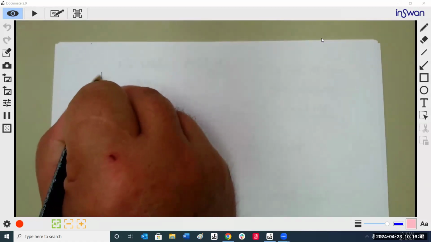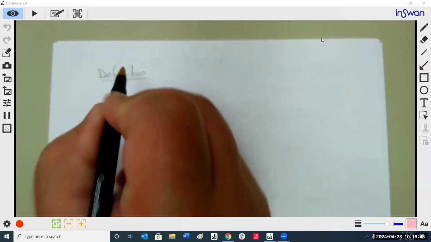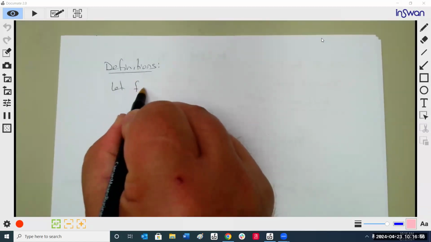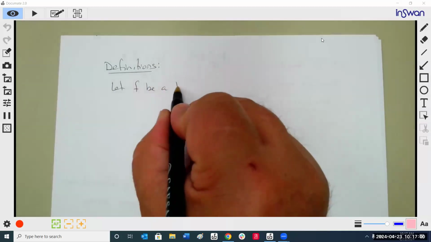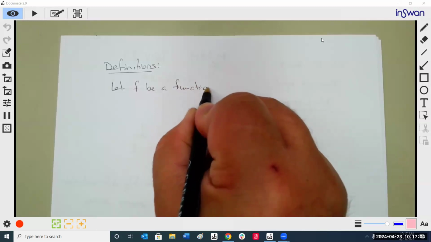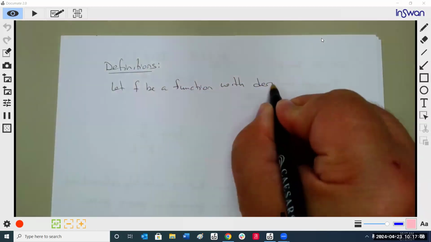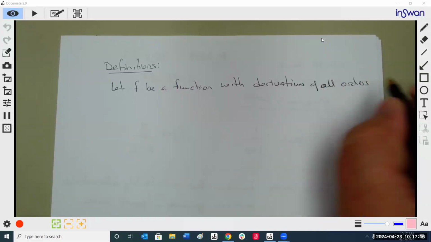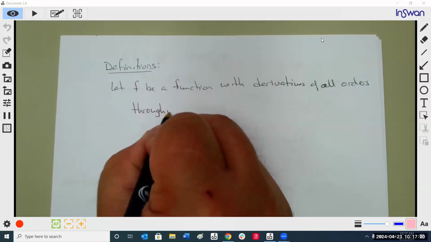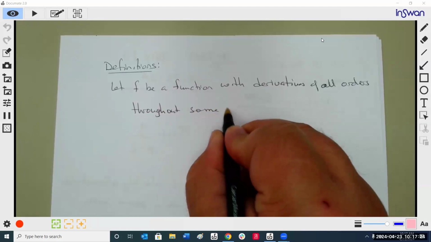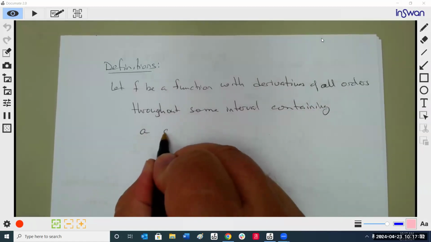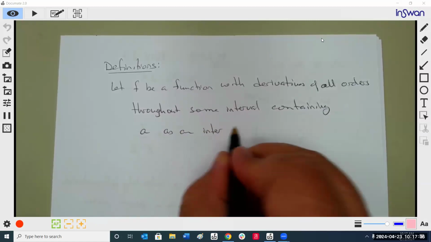Let a function f of x be a function with derivatives of all orders throughout some interval containing a as an interior point.